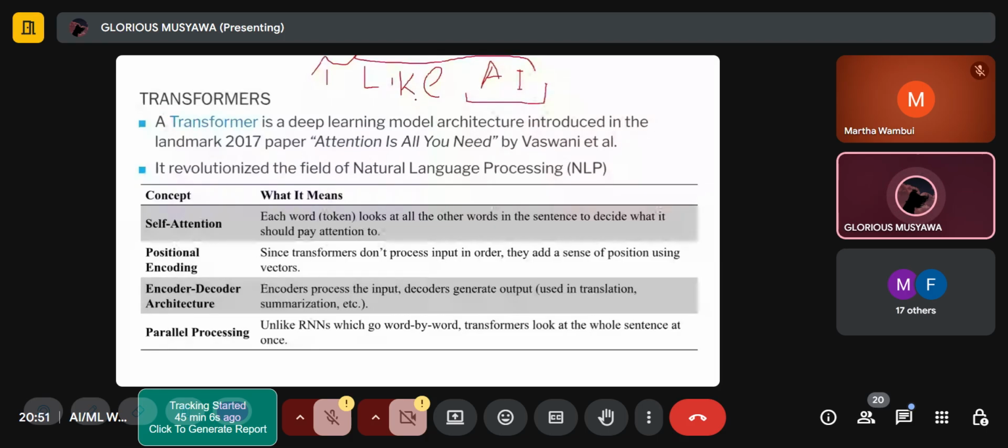We have positional encoding. Since transformers don't process input in order, they add a sense of position using vectors. We talked about vectors, and I said machine learning, deep learning, AI, it's just math. It's not magic. It's a way of manipulating math so that machines can learn from data and you can get output.